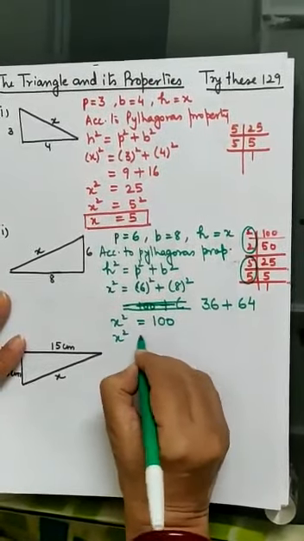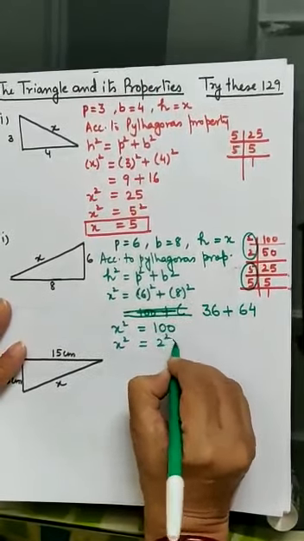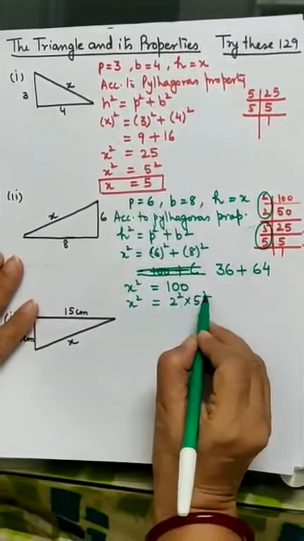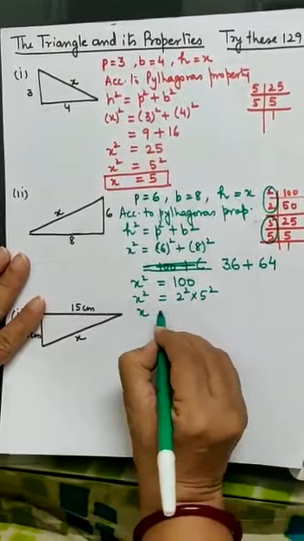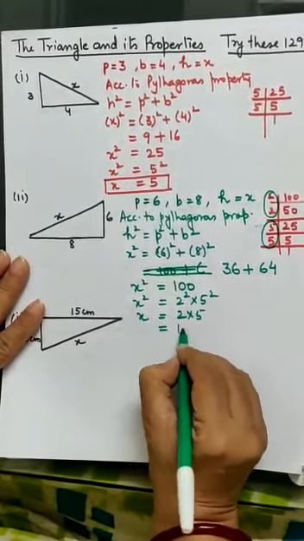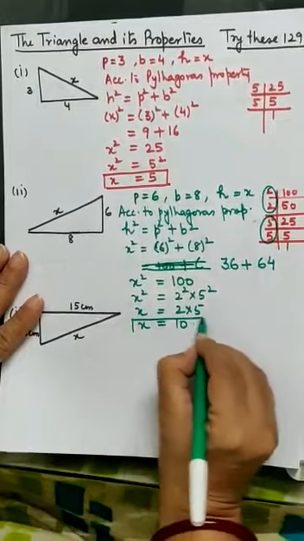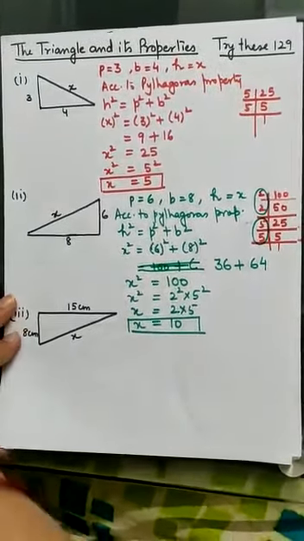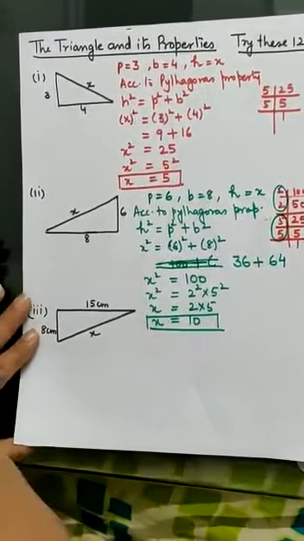So x square is equal to 2 square into 5 square. Now throughout we see that the powers are same, so we can delete the powers. So we get x is equal to 2 into 5, which is equal to 10. That is x is equal to 10. Am I clear? Yes. Now coming to the third part.